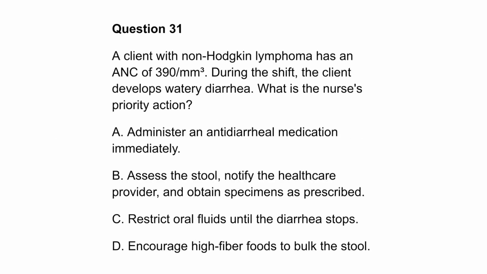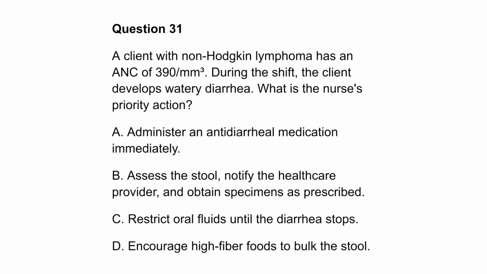Question 31. A client with non-Hodgkin lymphoma has an ANC of 390/mm³. During the shift, the client develops watery diarrhea. What is the nurse's priority action? A. Administer an antidiarrheal medication immediately. B. Assess the stool, notify the healthcare provider, and obtain specimens as prescribed.